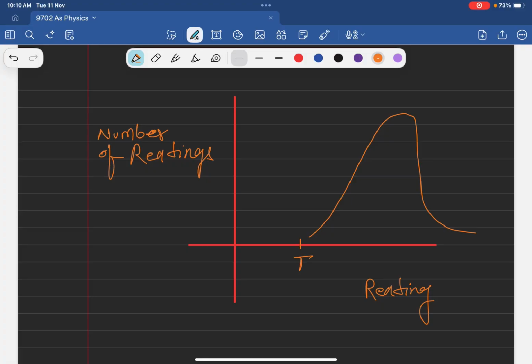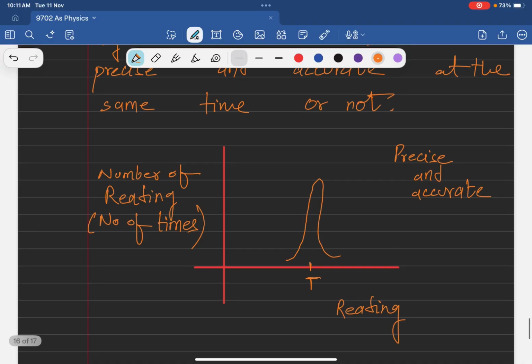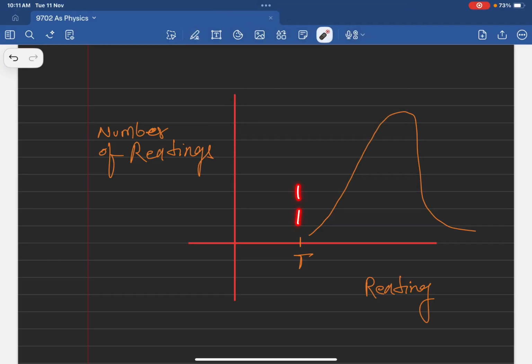The graph is well spread now as compared to the previous graph that we have seen. This graph is not narrow, it is well spread, and also in this graph the true value is not lying within the graph. The true value is somewhere here. It is not coming in the graph.